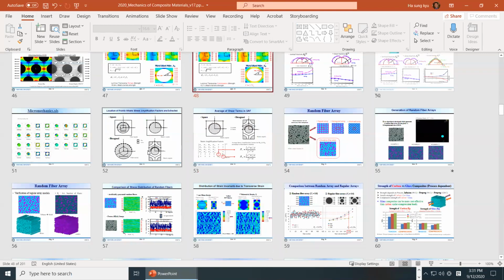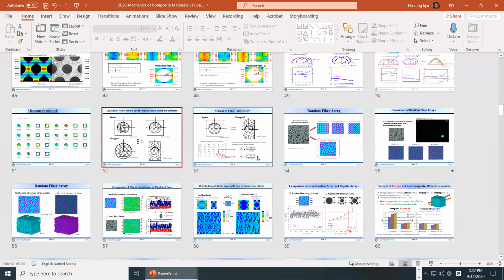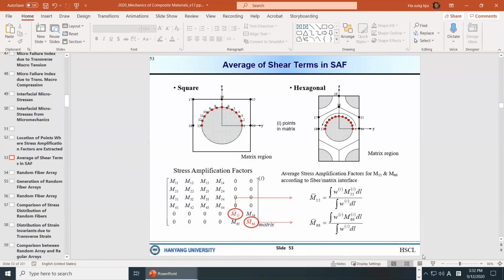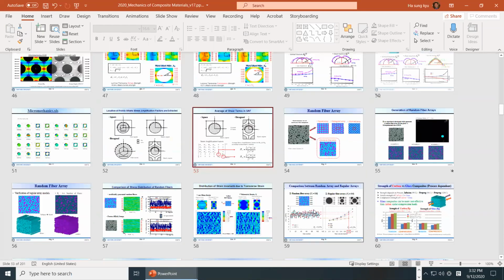So I don't want to go into detail, but this is how we make use of micromechanics. And in fact, to calculate all the components, considering all the points is too much. So we just select some points, and those are the points we calculate for stress amplification factors and so on. So these are the basic concepts of stress amplification factors using micromechanics.